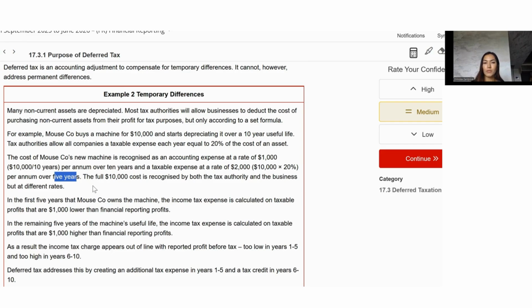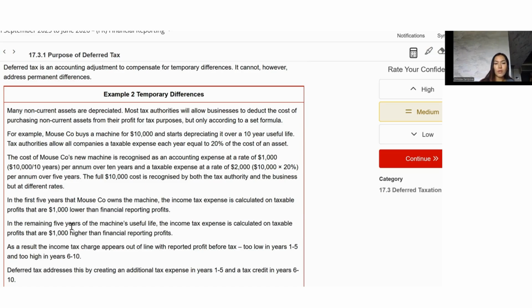So you have timing differences because you are depreciating for tax purposes faster, and for your accounting purposes slower, right? And the full 10,000 cost is recognized by both the tax authority and the business but at different rates. In the first 5 years that Moscow owns the machine, the income tax expense is calculated on taxable profits that are 1,000 lower than financial reporting profits.